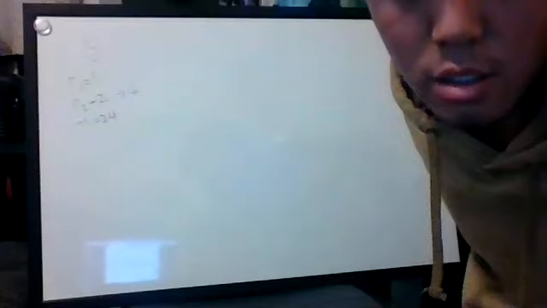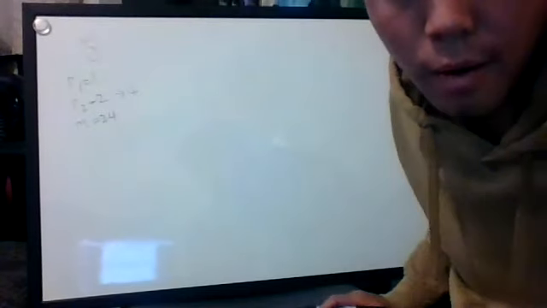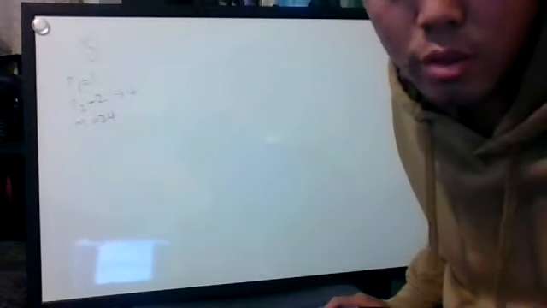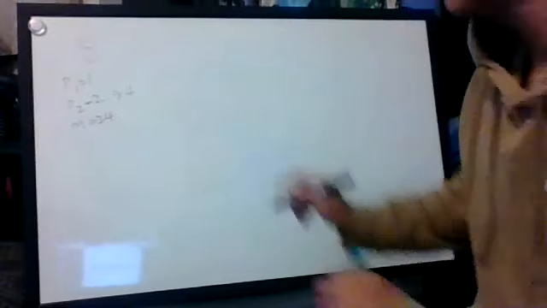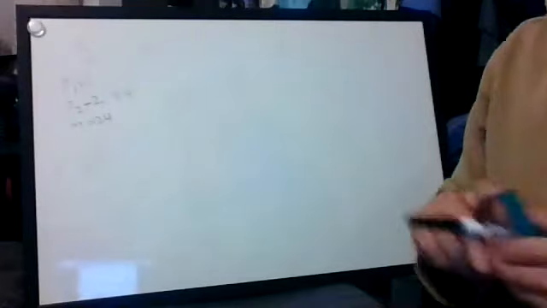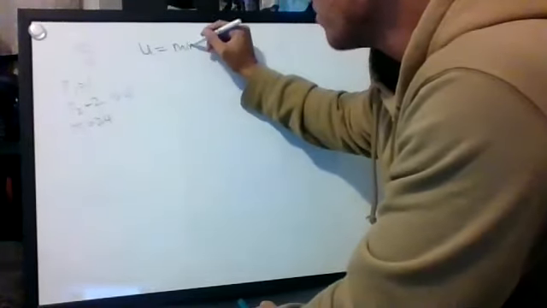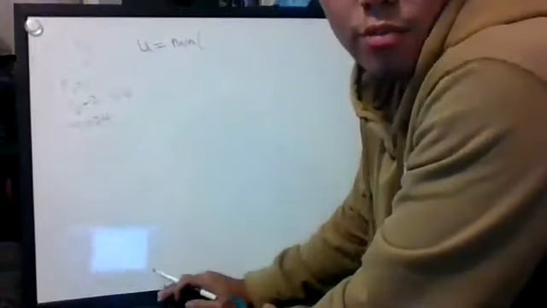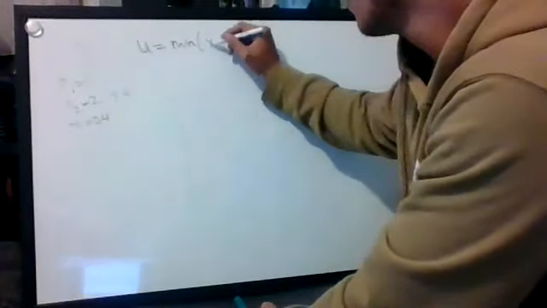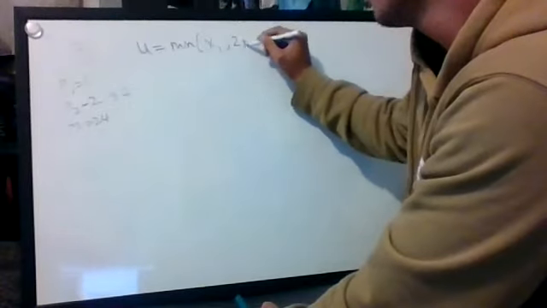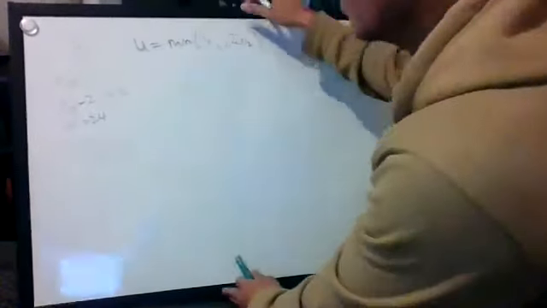So let's take a look at what the utility function is, right? The utility function, geez, this pen is dying. The utility function is equal to the min of x1 comma 2x2, okay?